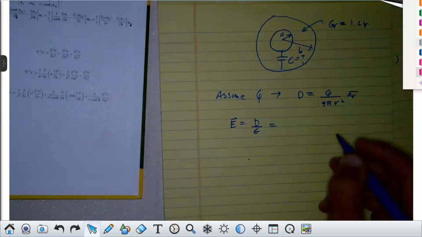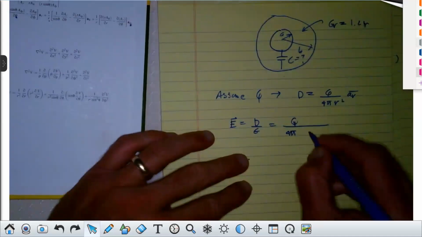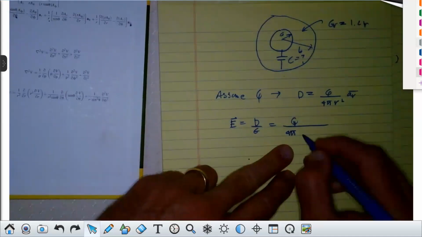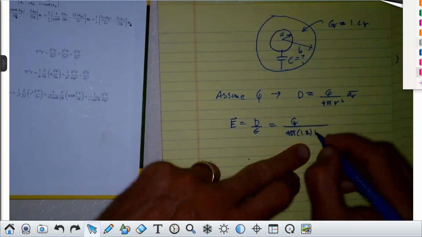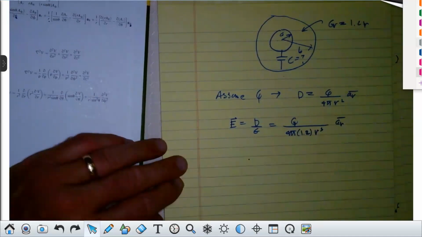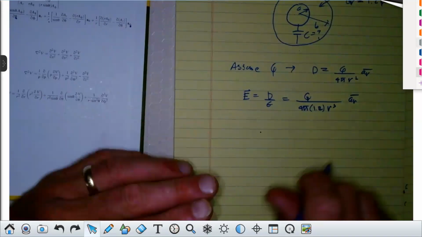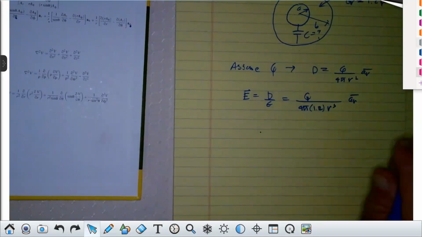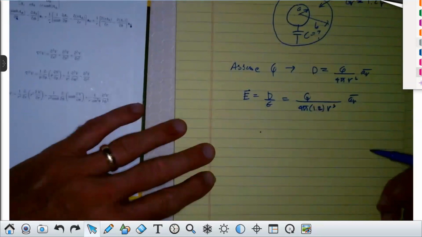So I get Q over 4 pi, and then it's going to be times 1.2 here, times R cubed a_R. Agreed? Then what do I do? What am I after? The voltage, right?